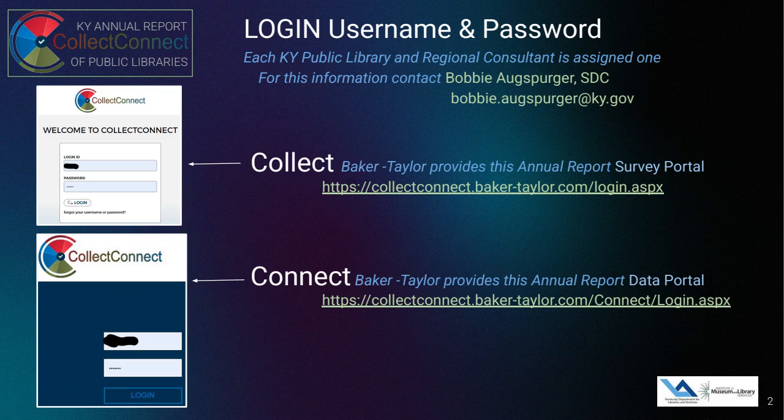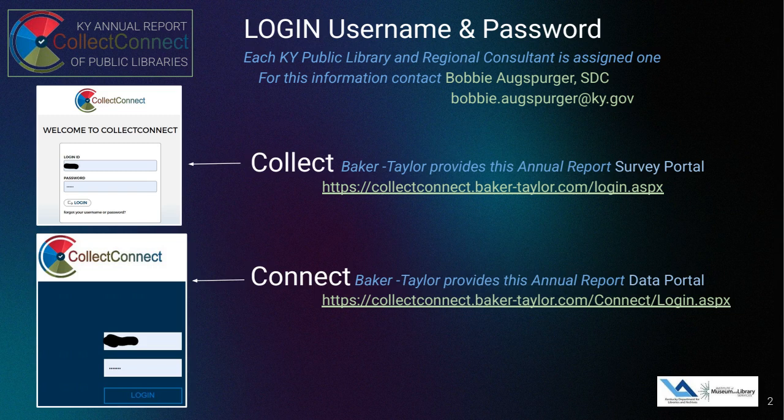All right, so there are two portals. The Collect portal is the survey portion where you input information. And that is going to be a different URL than the Connect portal. The Connect portal is where you can look at all of the data. So if you needed to see salaries based on a certain size of library, you would go to this Connect. The Connect is a darker background and the Collect is a whiter background, which you can see on the screenshots put there.